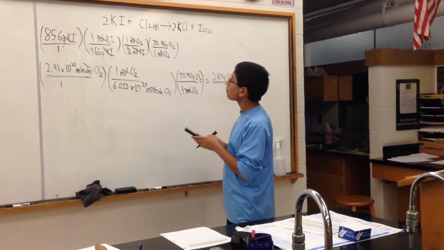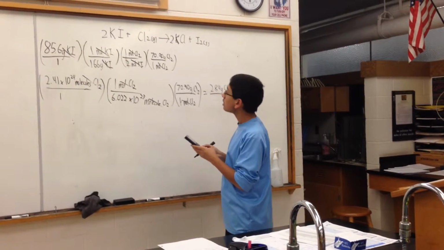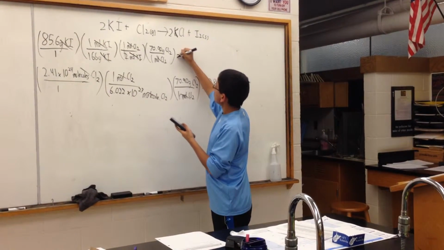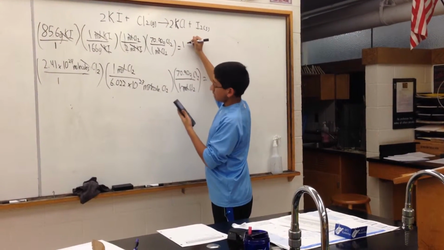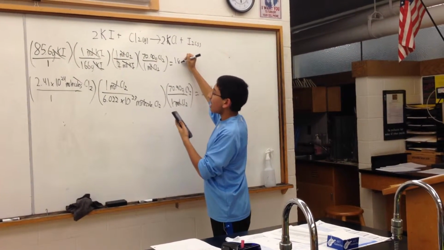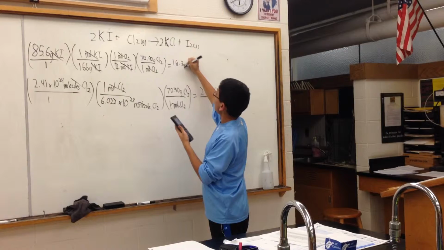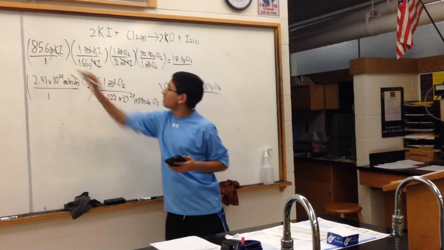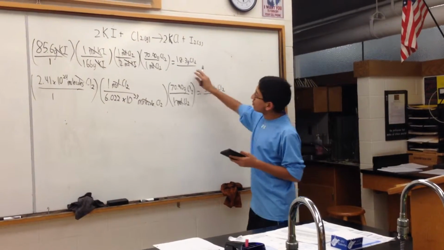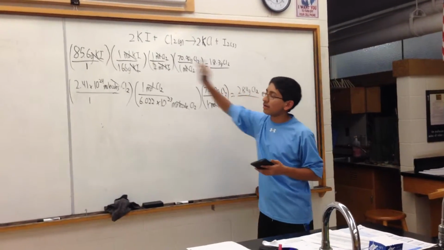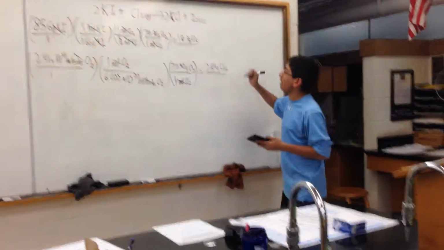So that shall be 18.3 grams of Cl2. Notice how this is 3 sig figs because this is 3 sig figs. Alright, so this is how much we need to completely react with 85.6 grams of potassium iodide.